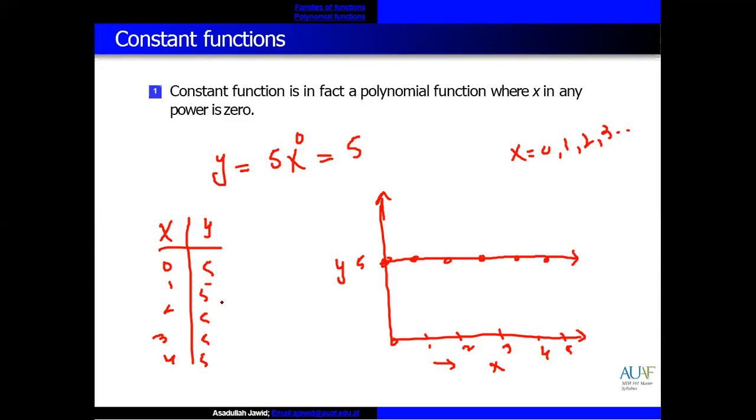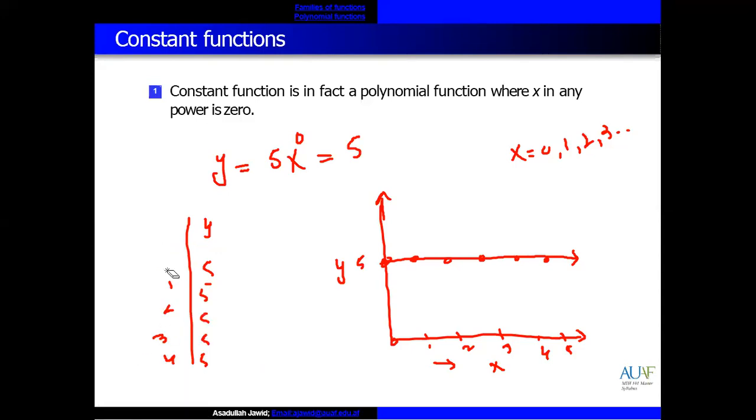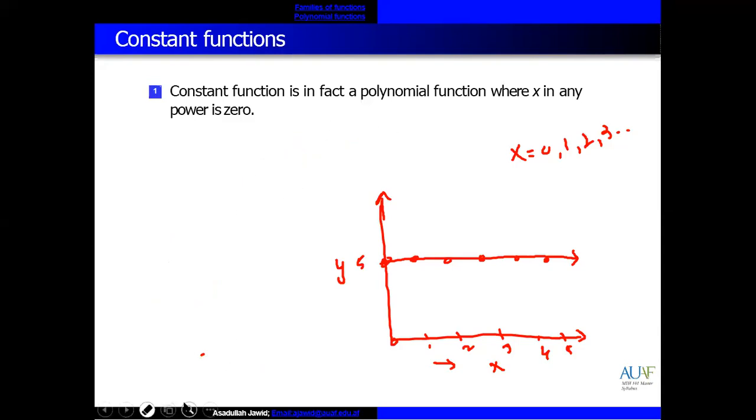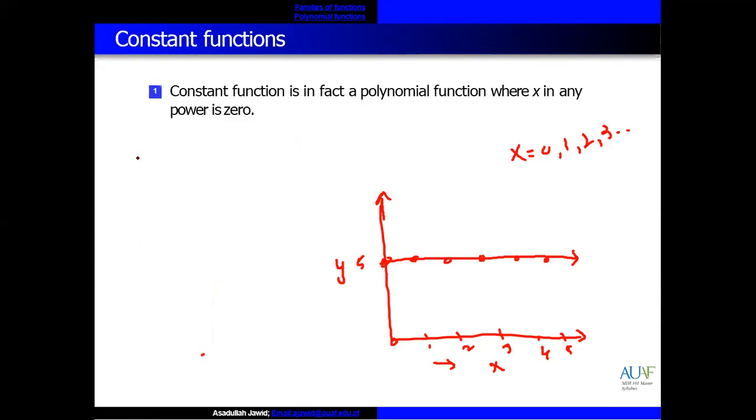I will tell you one example. What is the relationship between your grades in mathematics and your income?